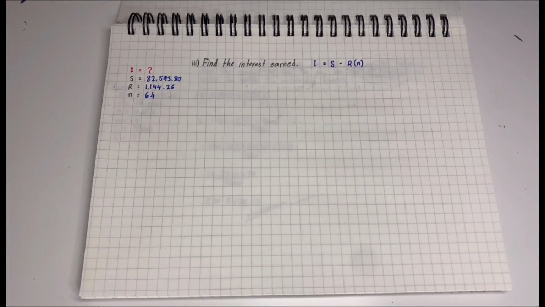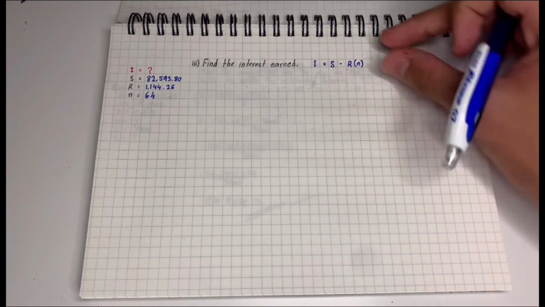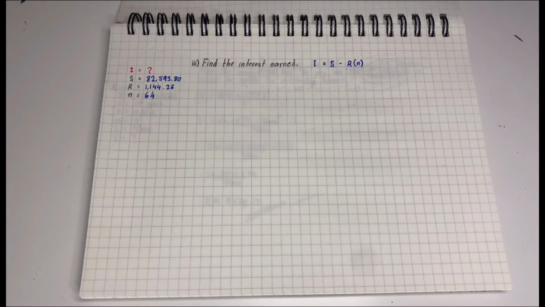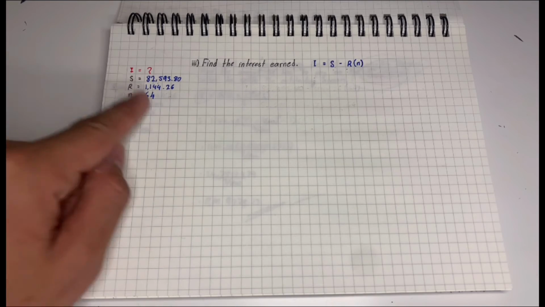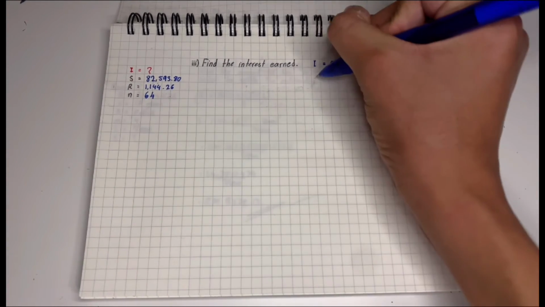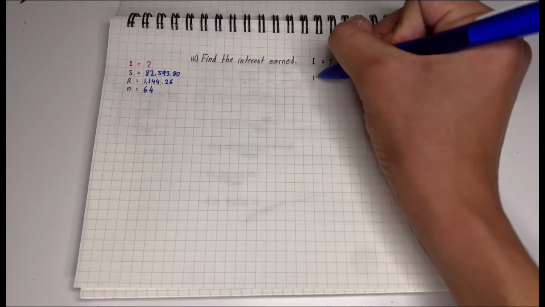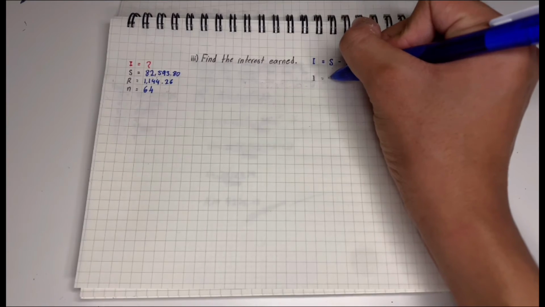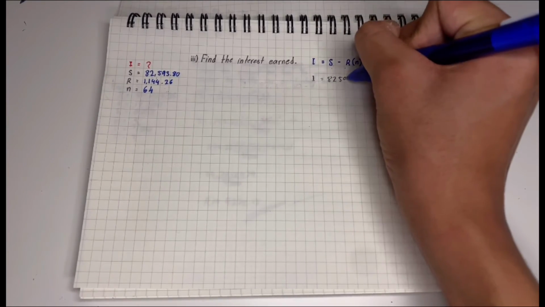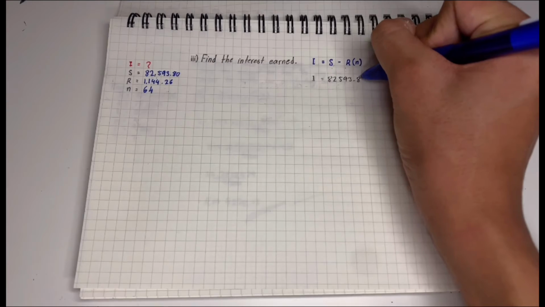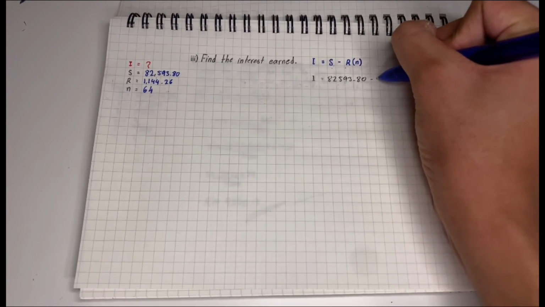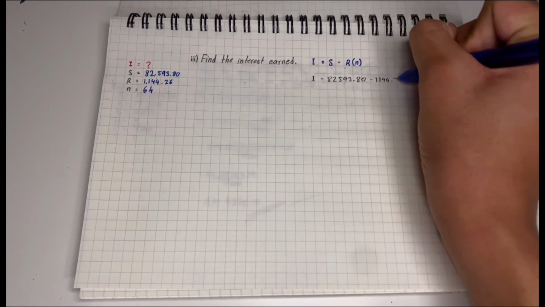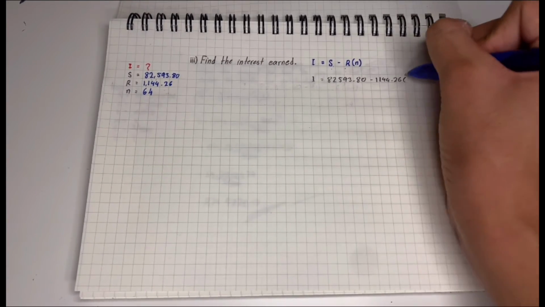Okay, now we move to question 3. Find the interest earned. To find the interest earned, we need to use the formula I equals S minus R bracket n. First thing first, you need to list down all of the components and amounts. Let's begin with the I. We don't know the amount of I, so you just put it here, equal with S. S is equal with 82593.80 minus 1144.26 bracket n 64.